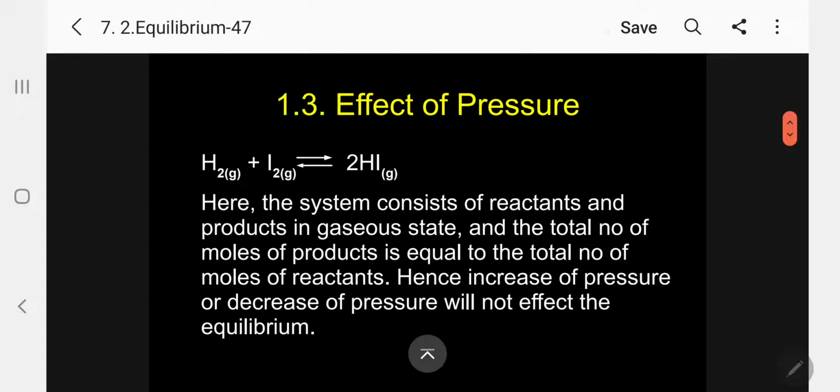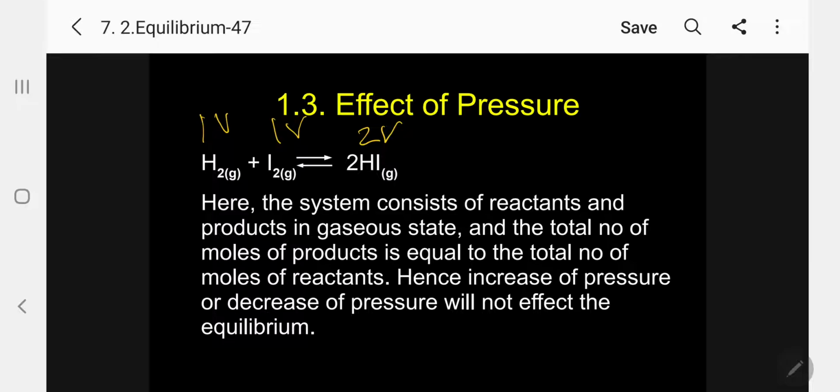The third one, pressure. I told you pressure you cannot predict directly. You have to think of volume and then think of pressure. Here the system consists of reactants and products in gaseous state, and the total number of moles of products equals the total number of moles of reactants. Kindly follow, as usual here 1 volume, here 2 volume, indicating that both sides are equal.